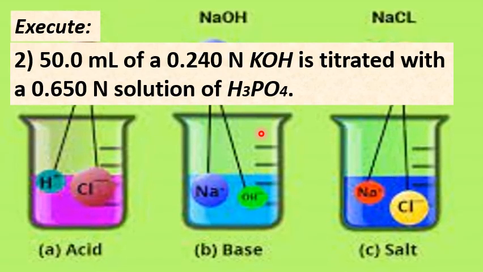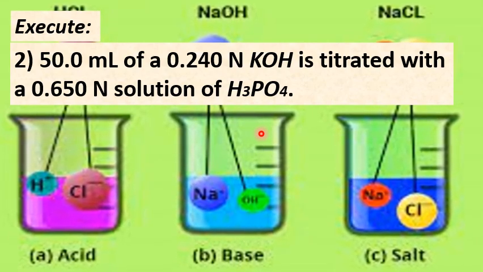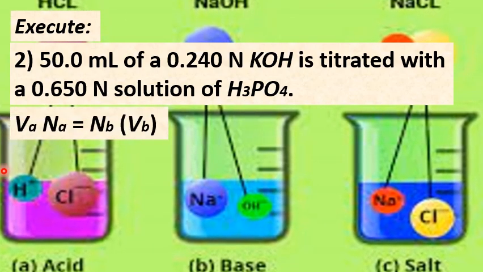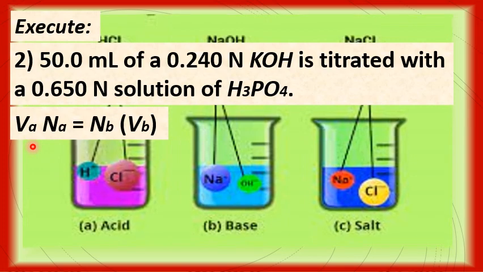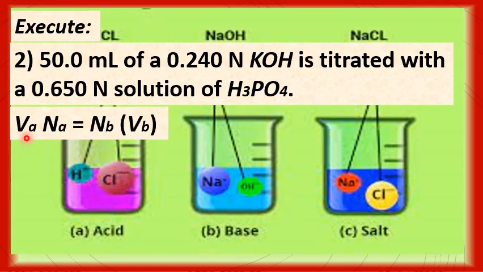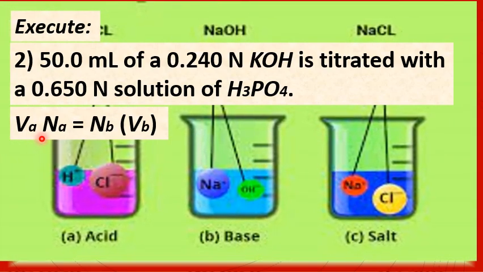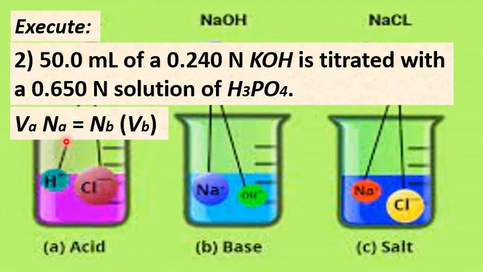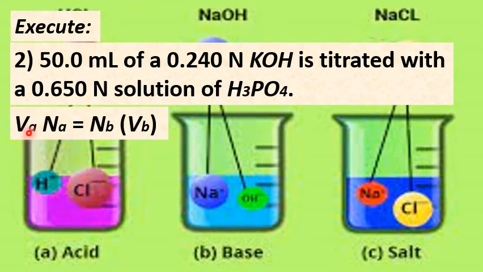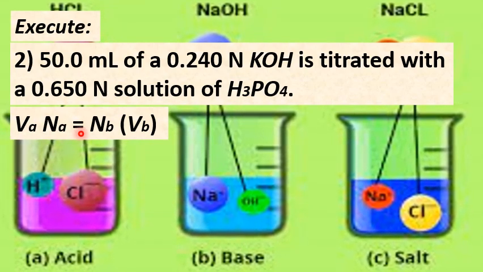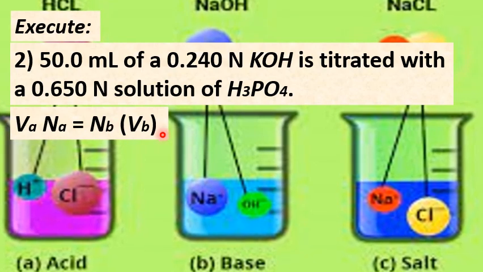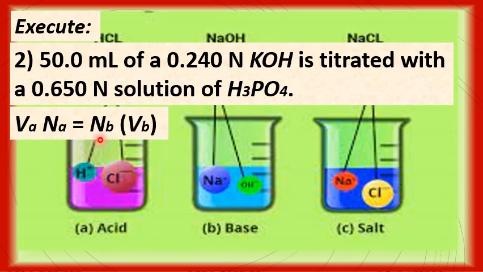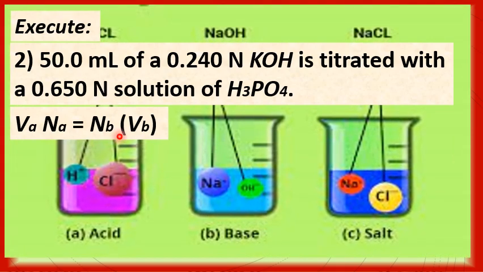And we can apply here the neutralization equation. So the equation simply says that the product of the volume of the acid and the given normality of the acid solution, V sub A times N sub A, is just equal to the product of the volume of the base, V sub B, and the normality of the base solution.